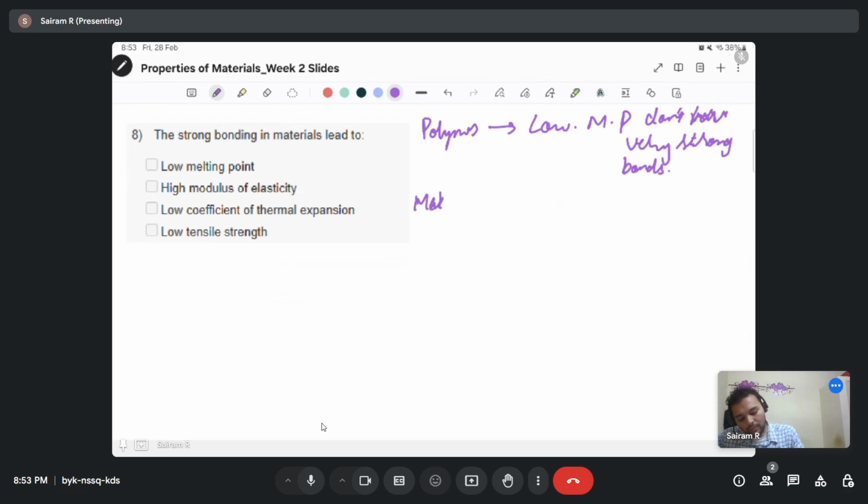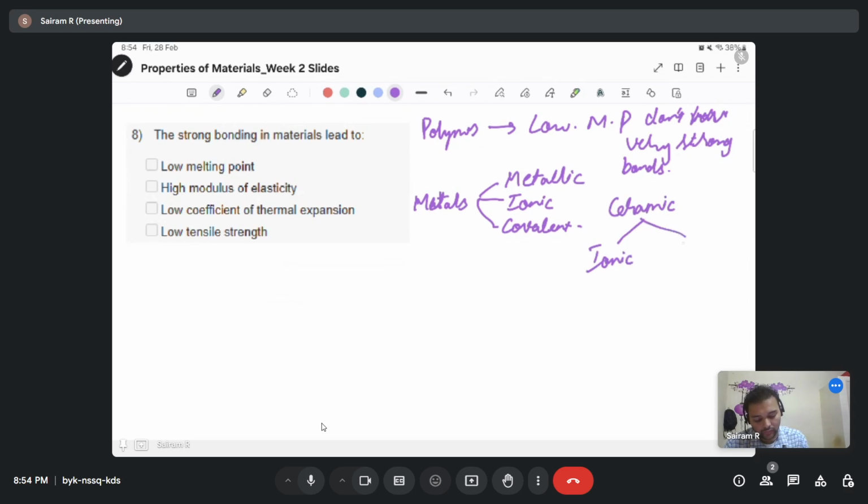Metals have a combination of metallic, ionic, and in some cases some degree of covalent bonding as well, all three combined together. Same with ceramics. Ceramics tend to have ionic and covalent bonding, and we know ceramics have some of the highest melting points.